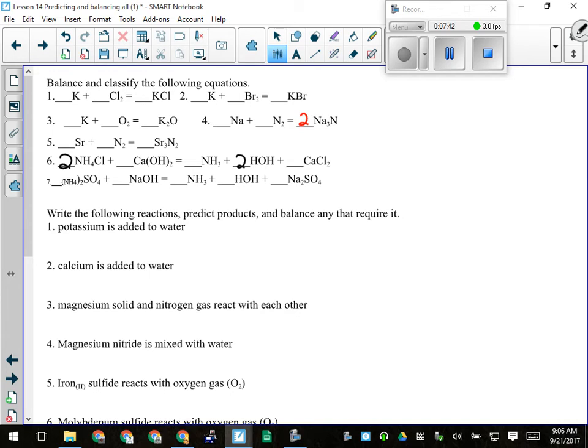That means I'm also going to need 2 of those. Now if I'm looking at this, I've got 2 nitrogens on both sides. I've got 8 hydrogens: 2 times 3 is 6, and 2 more is 8. 2 hydroxides and 2 hydroxides. 2 chlorines, 2 chlorines, and 1 calcium.